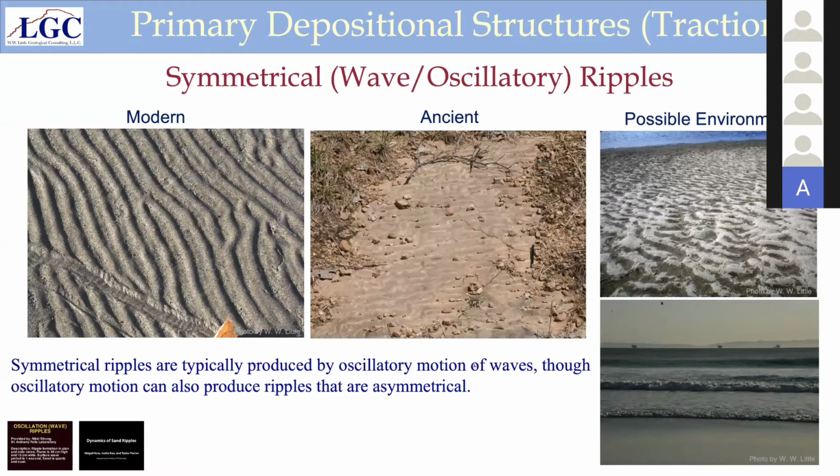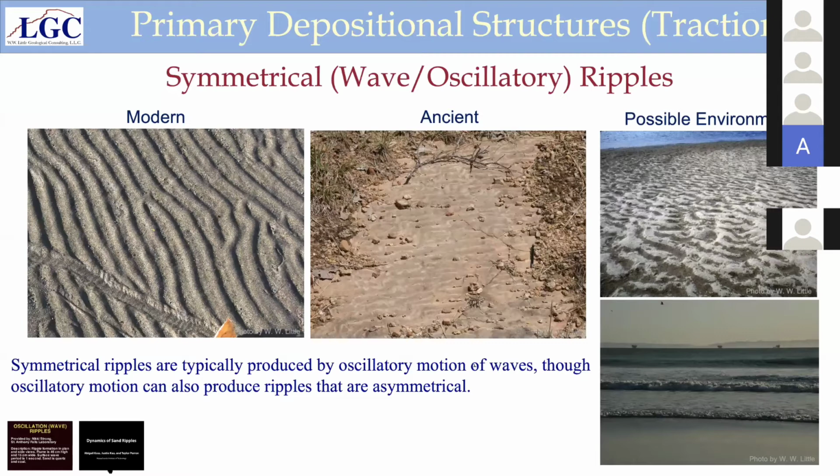The upper photograph is a tidal flat, which also has a wide variety of ripples. But these are formed by the circular motion of a wave. So as a wave moves over the surface and comes into contact with the surface, it tends to push the sediment forward, and then the energy moves up and it pushes it back, and the wave comes back down.